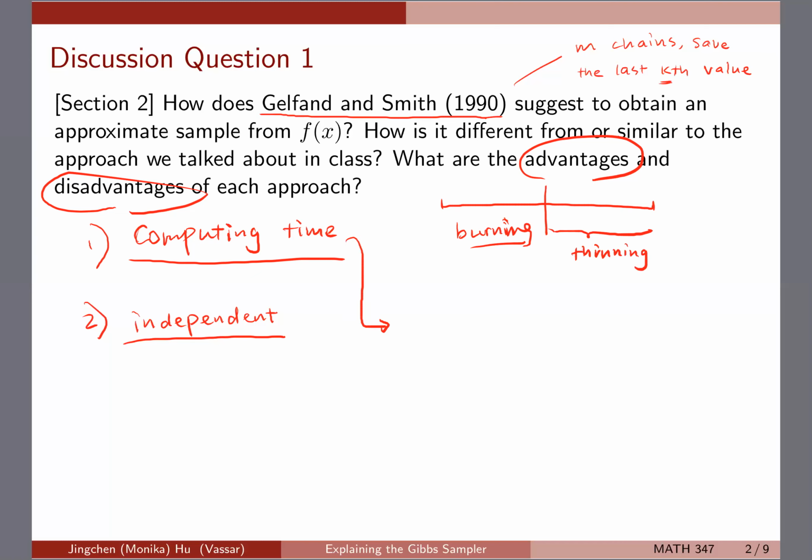Once. All right, so let's stay here for a little bit. So Lena's point is Gelfand and Smith will take longer because if m equals 500, then they will have to run 500 times of what we do. Do you agree or not?